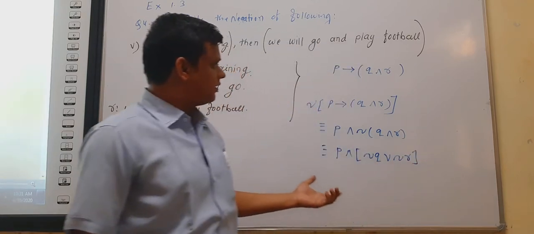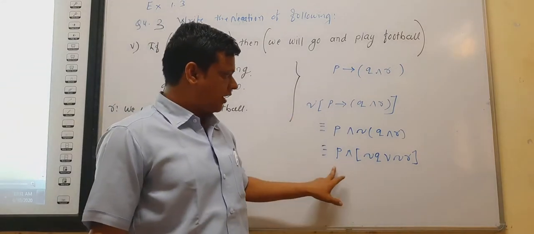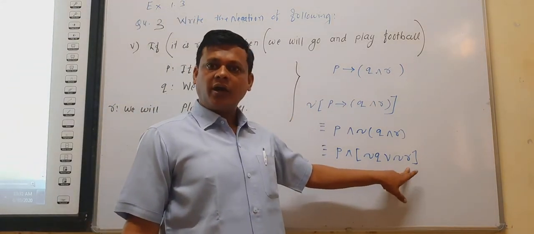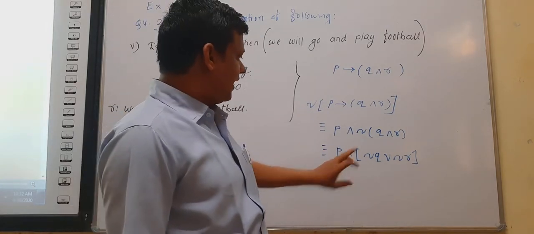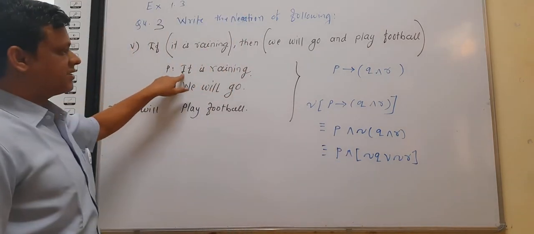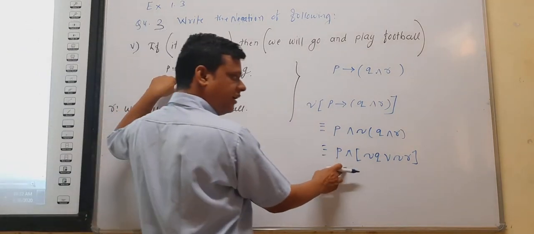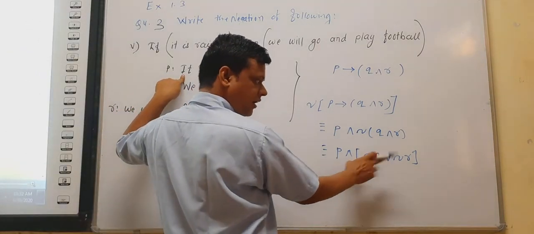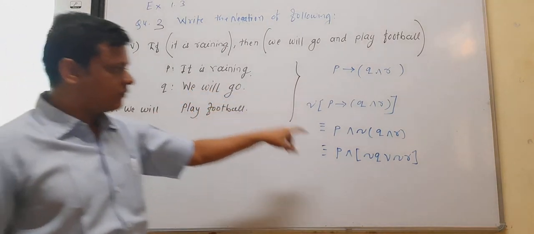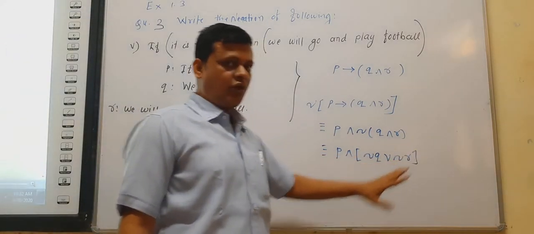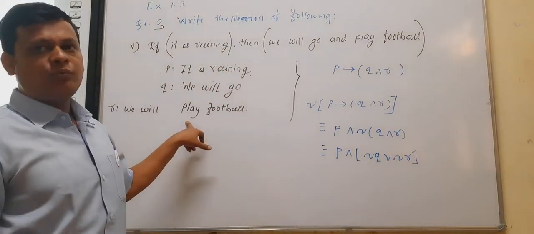So after making these changes we have to write it in verbal form. Then what will be the answer? P and negation of Q or negation of R: it is raining, we will not go or we will not play football.